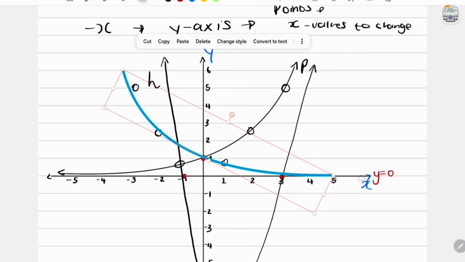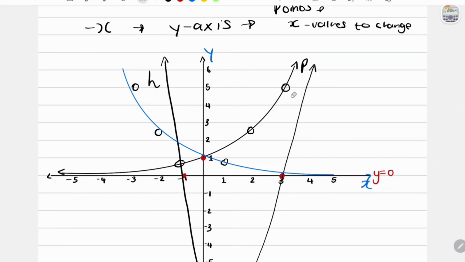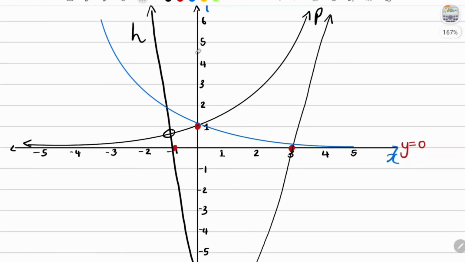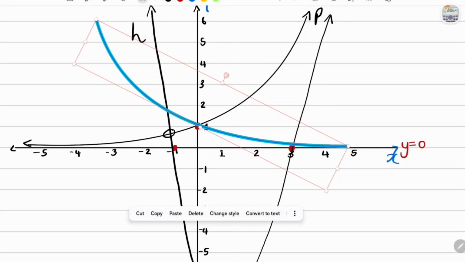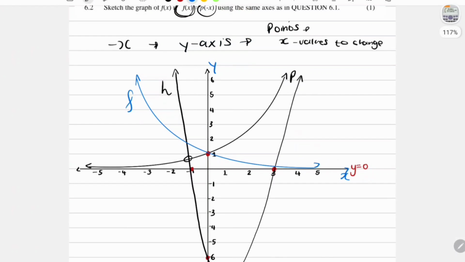And this will just never ever touch the x axis. So without these circles, your graph of f is just going to look like this. Make sure you show it intersecting that 1. It needs to intersect that 1. So that is a graph of f. And that's what it's going to look like.